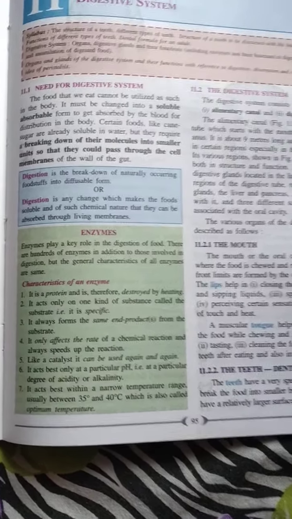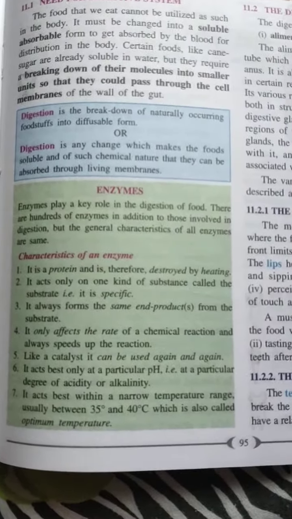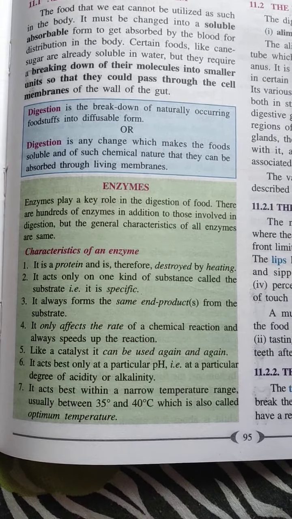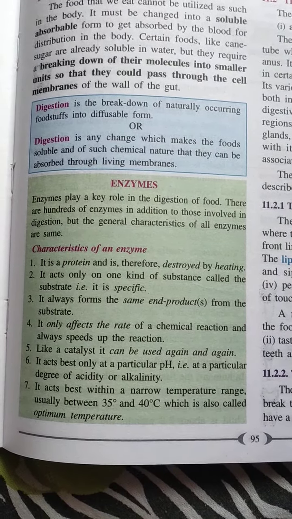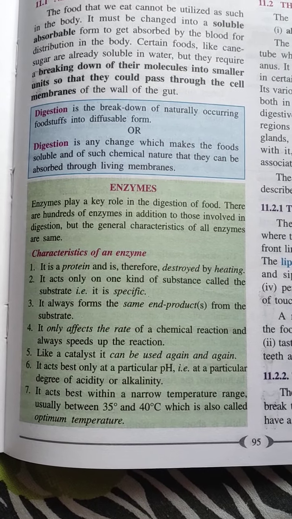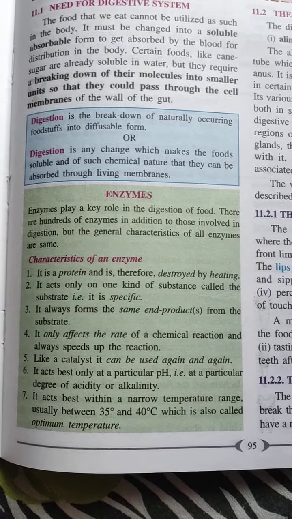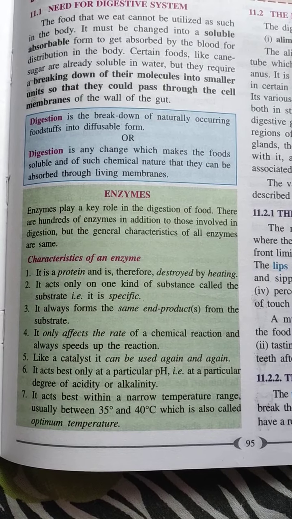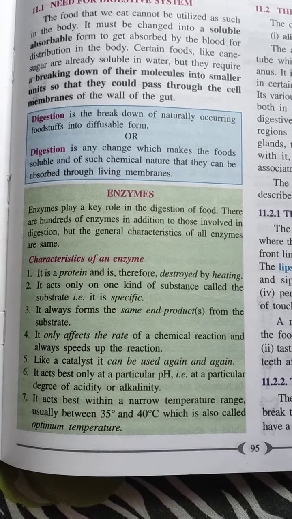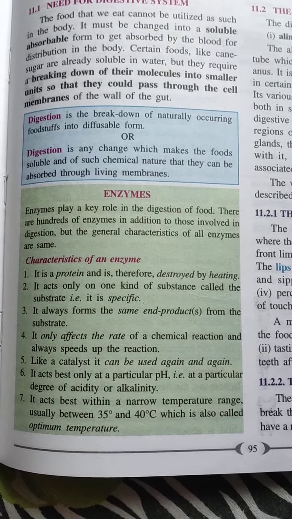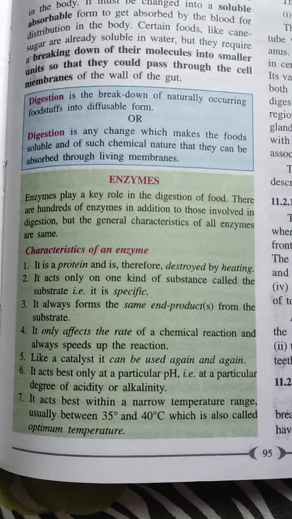I hope you all know what are catalysts. Catalyst means those which alter the rate of the reaction but themselves don't take part inside the reaction, right? Enzymes also work in the same way, but because it is required for our physiological processes, we call it a biocatalyst.